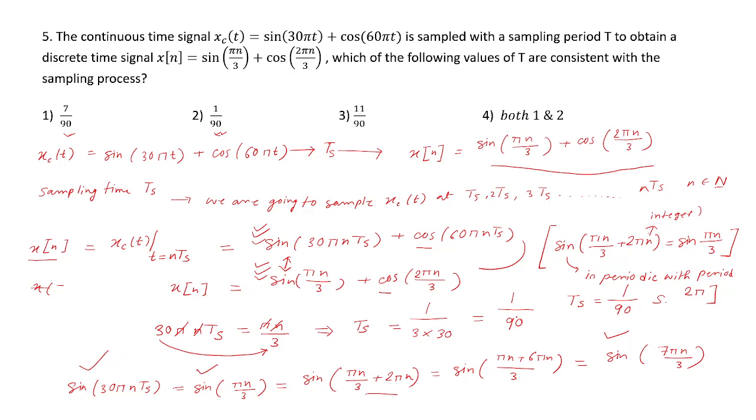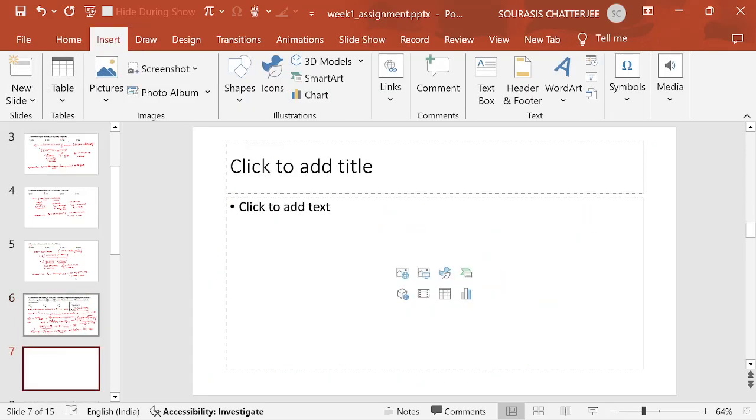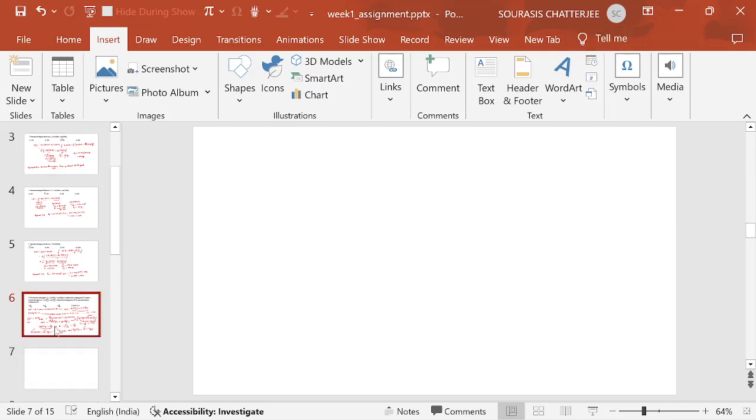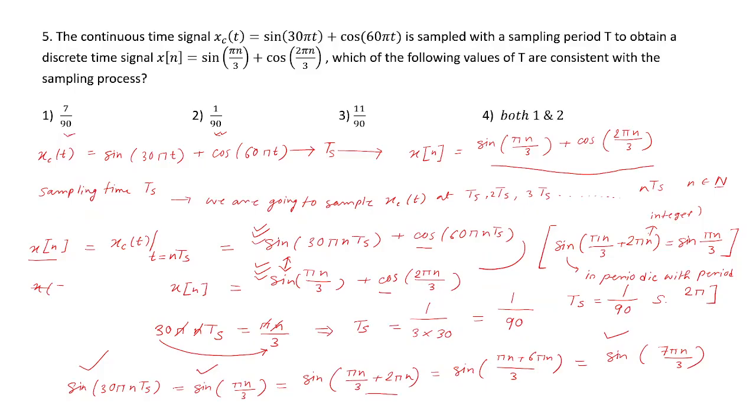Let me introduce one slide here so that we can continue the calculation. Okay, just a moment. So remember this result, that sine 30 pi nts is equal to sine 7 pi n by 3 also.